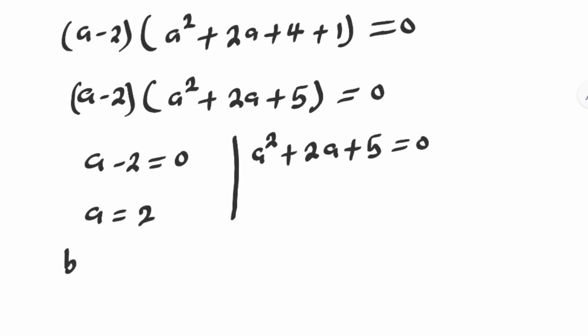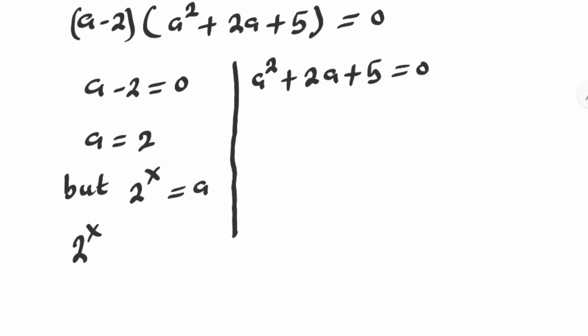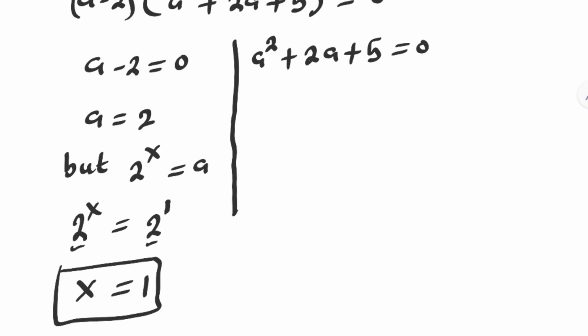But 2 raised to power x is equal to a. Then 2 raised to power x is equal to 2 raised to power 1. Then we have the same base 2, x is equal to 1. This is the value of x.